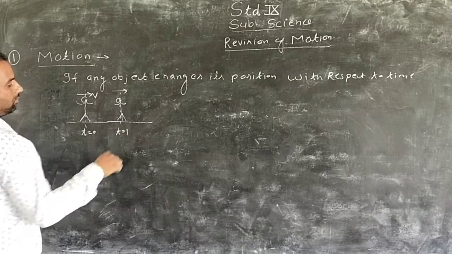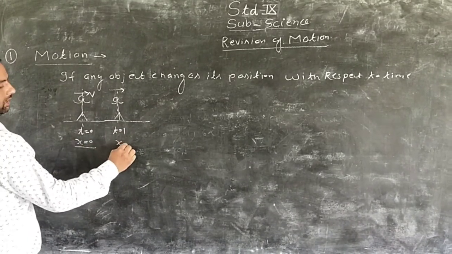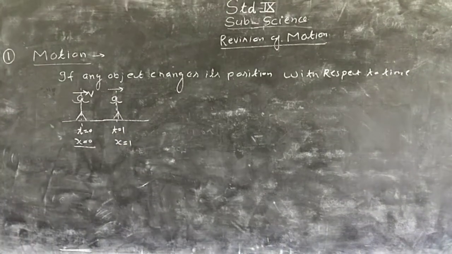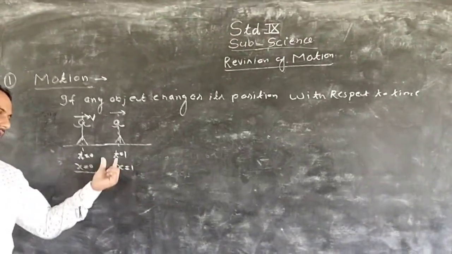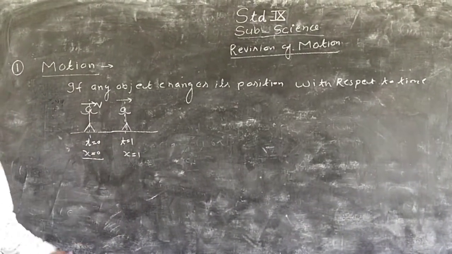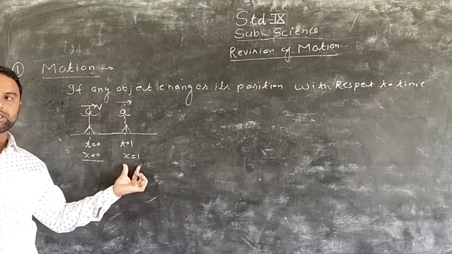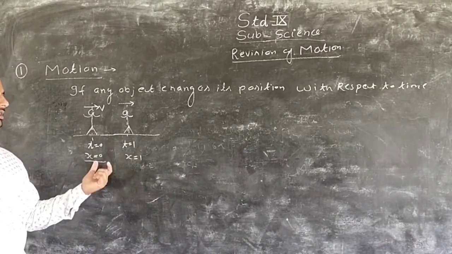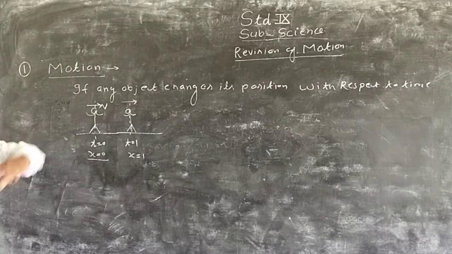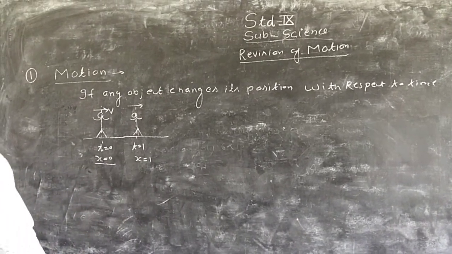This location is x equal to 0 and this location is x equal to 1. Hence we can see that if the time value is changing, then the displacement, the particle's location, also changes, and then we simply say that the particle is in motion. That is simply the condition of motion.